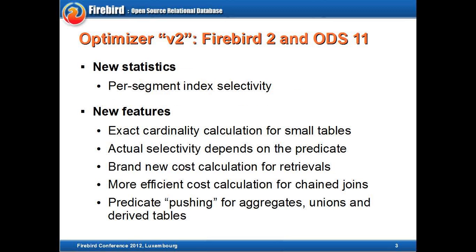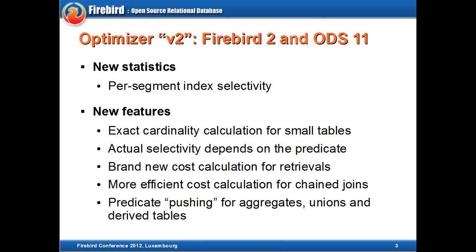It required us to introduce a new ODS version, but thanks to Firebird 2 being a major release, we already had Firebird 1.1 introduced at that time, so it was not a problem to add new statistics to the database. It automatically resolved any optimization problems with partial matches of compound indices. So it's no longer an issue starting with Firebird 2. The calculations are as good as possible with just using the selectivity values.